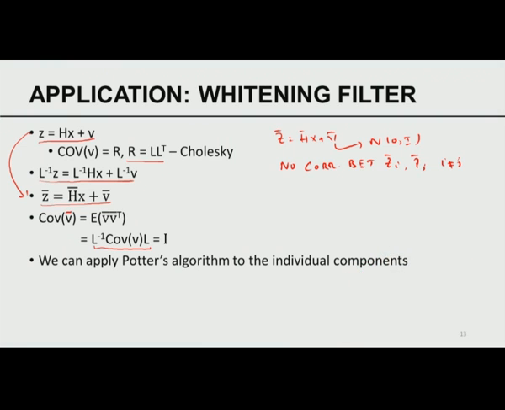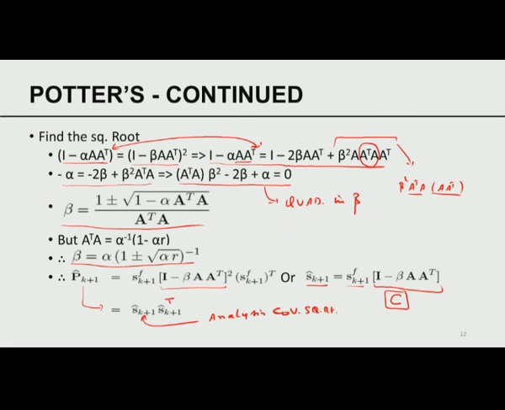Because these things are not correlated, now I could consider Z bar 1, Z bar 2 and Z bar M, that is Z bar is equal to that, and I could consider each of these observations as a single observation. So there are m single observations. I can try to successively assimilate each of these observations by the Potter's algorithm that we have given in the previous case.